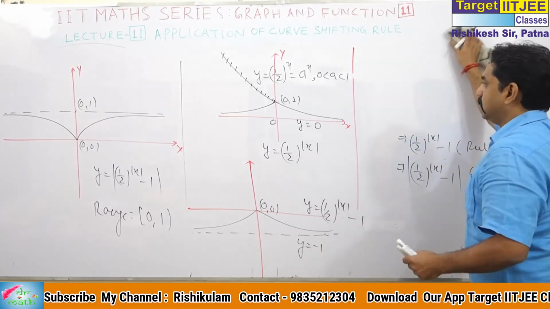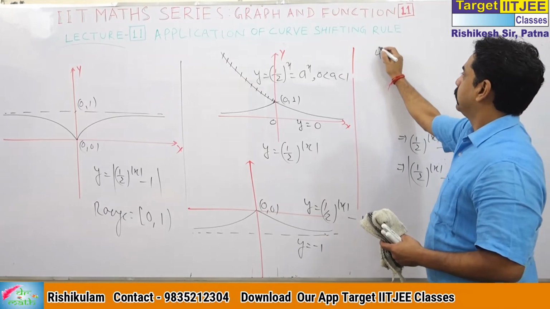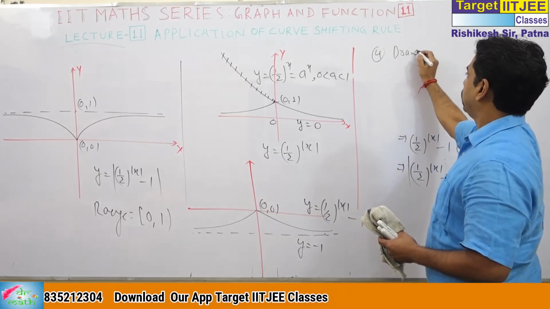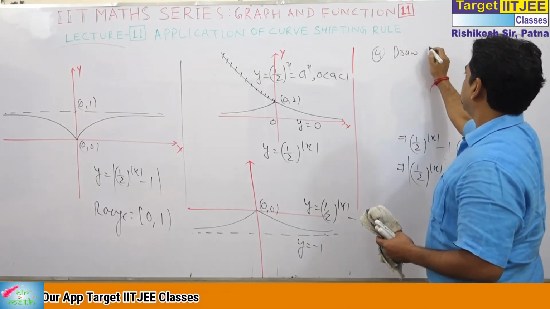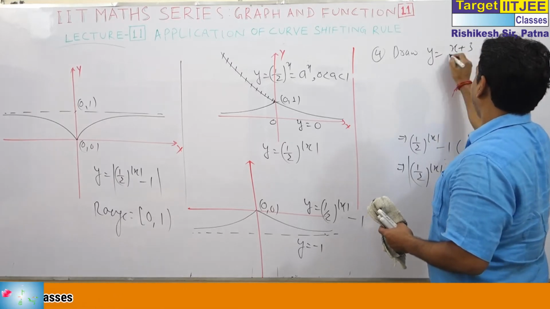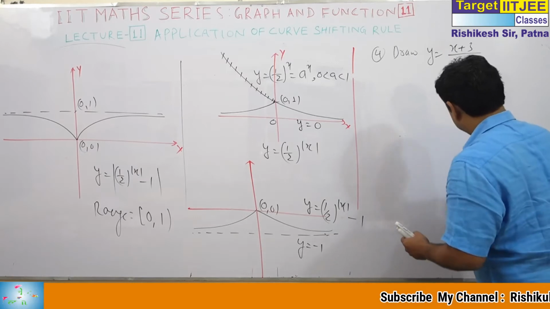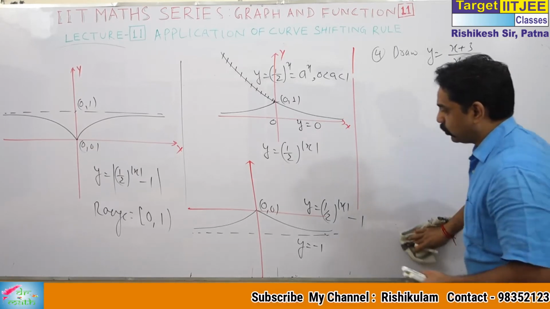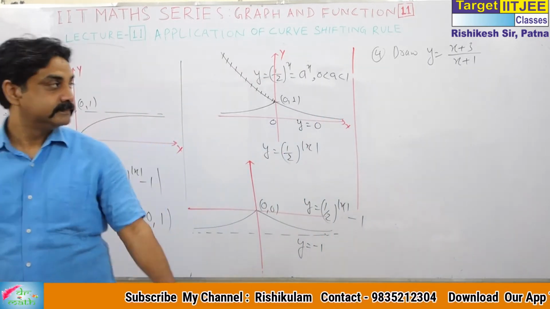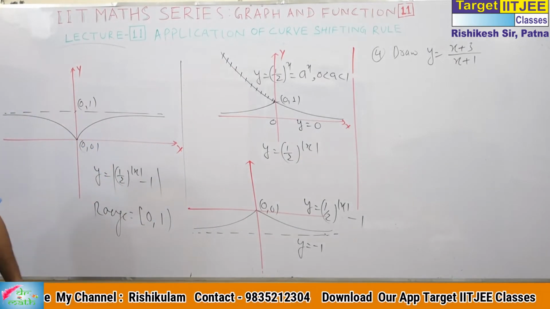So you come to question number 4. Suppose we have to draw y is equal to x plus 3 by x plus 1. We have to draw y is equal to x plus 3 by x plus 1. How to proceed with this?